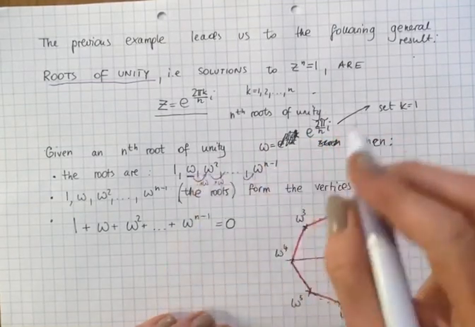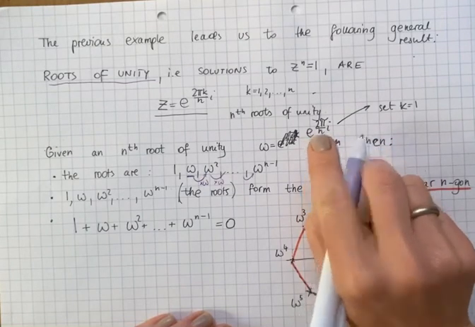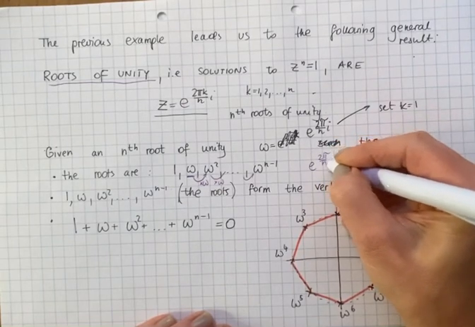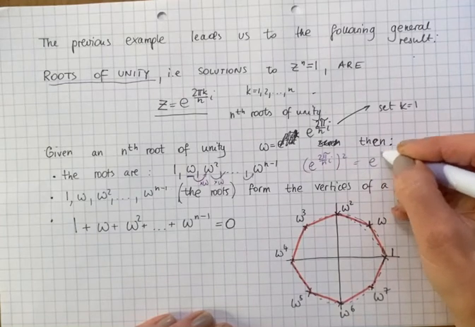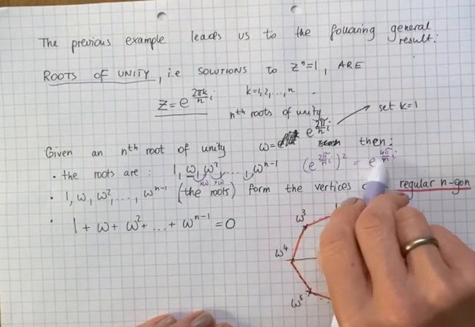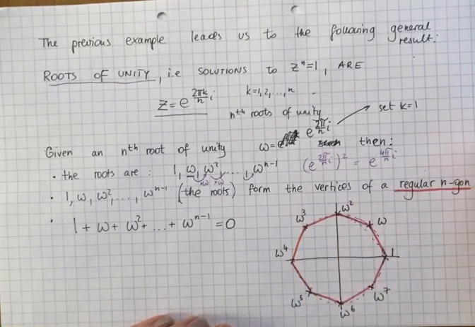Or simply just squaring this one. If you started with e to the power of 2 pi over n i, you square it directly, you will have e to the power 4 pi over n i. If you raised it to the power 3, that would be 6 pi over n i, etc., etc.